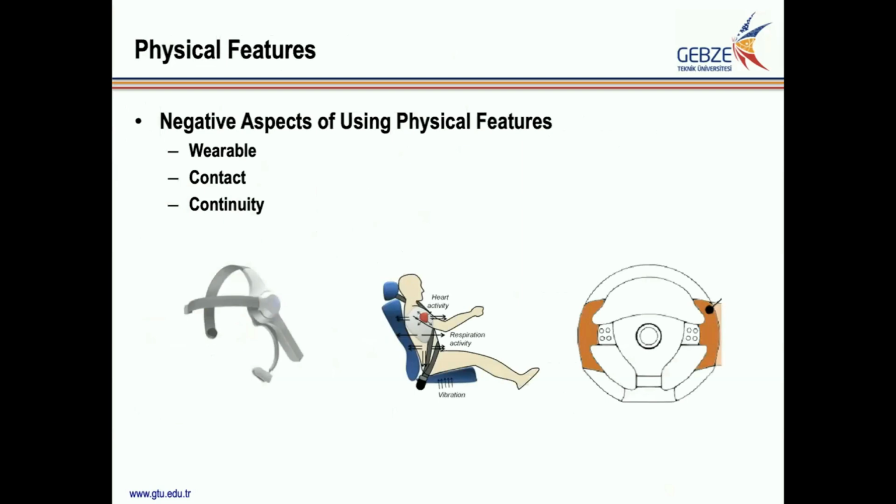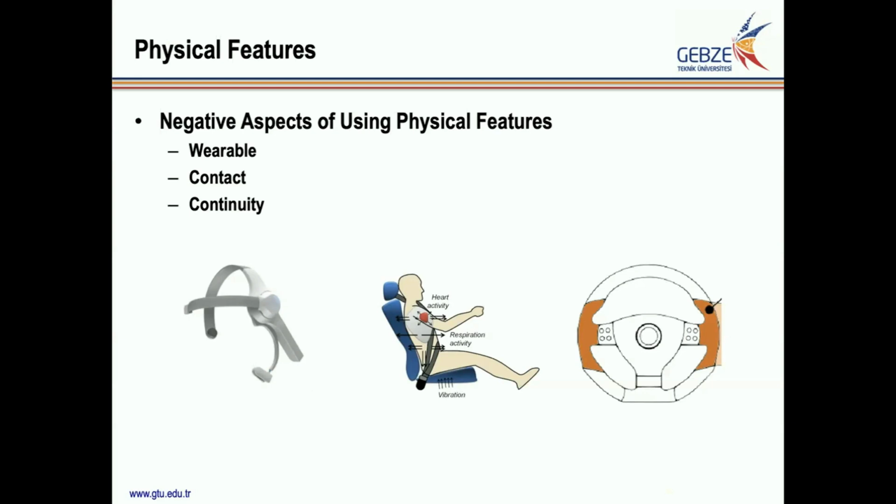As I said before, physical features are secure and also more reliable, but they require drivers to wear sensors. Some, for example, have to get data from the head by using EEG signals, and they have to contact the head. And some, for example, may get heart activity.